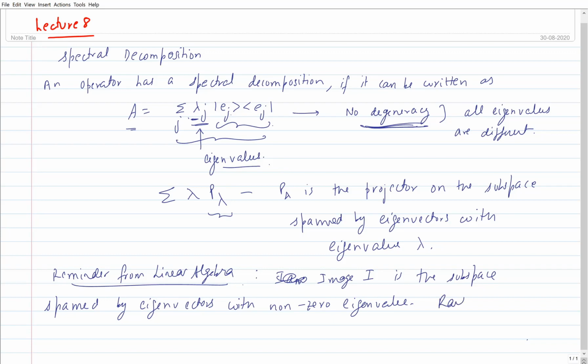And essentially rank of an operator is the dimension of the image.